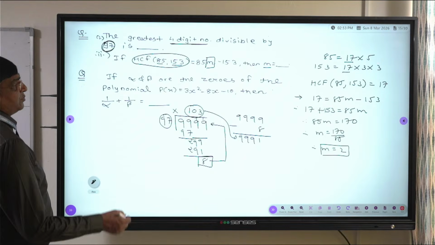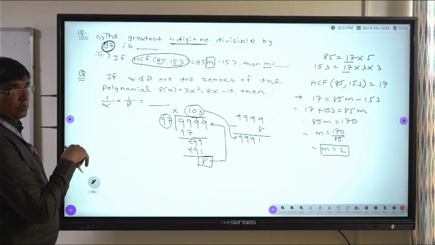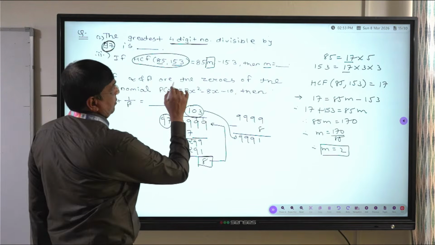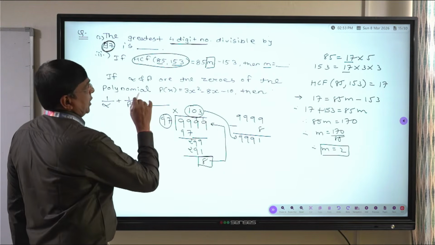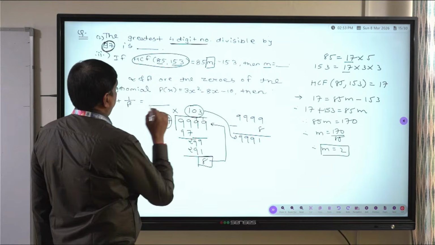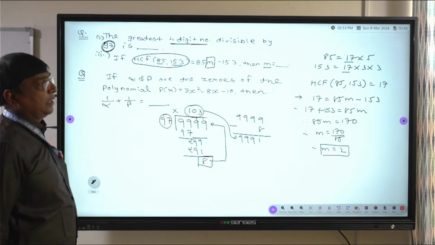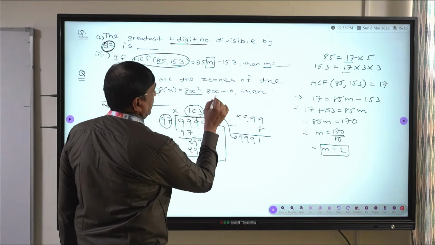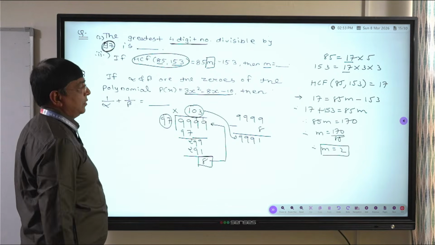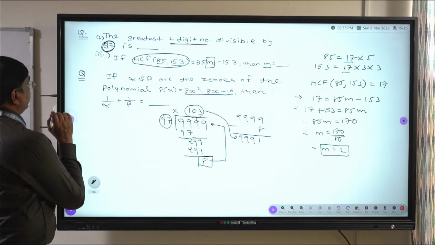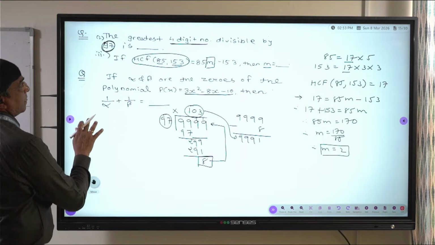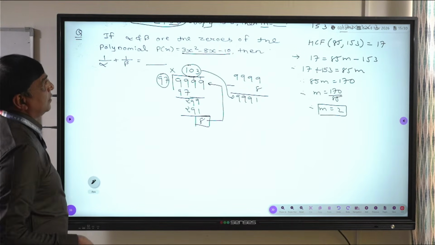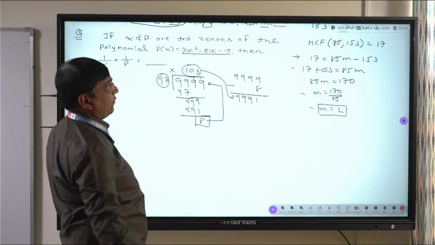Next one, an important one, this type of sum has been asked many times. If alpha and beta are the zeros of the polynomial, then find 1 by alpha plus 1 by beta. First of all, compare with the standard form.